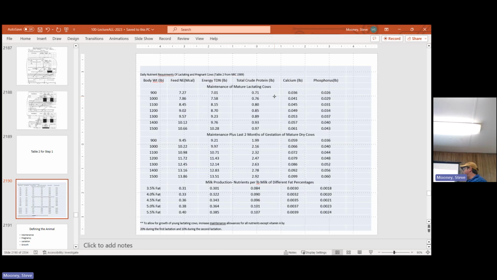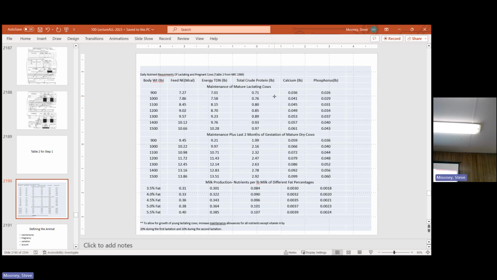We just said a cow producing 100 pounds of milk 4.0 is going to need 33 calories. How does that compare if she's 1,500 pounds? How does that compare to her maintenance requirement? What's her maintenance requirement for energy? 10.66 versus 33 for the milk she's putting out.